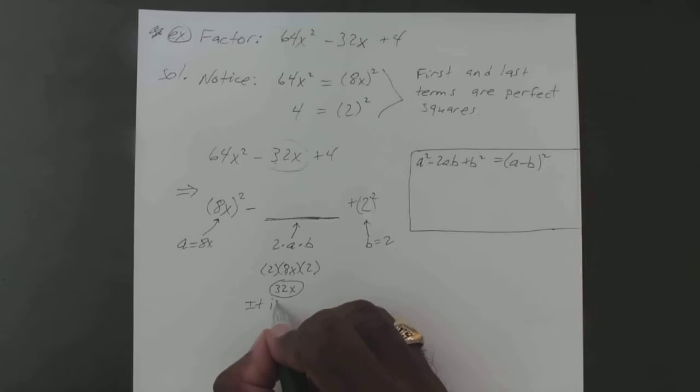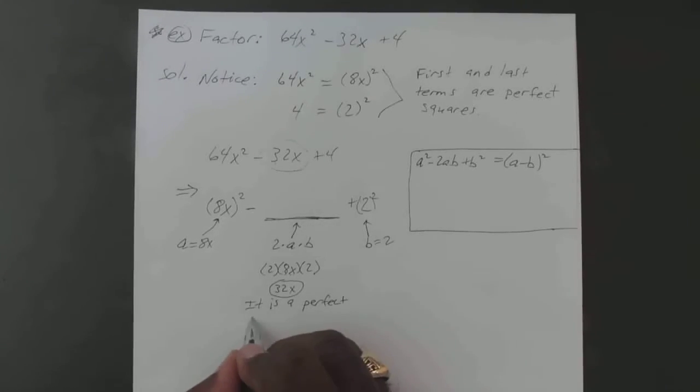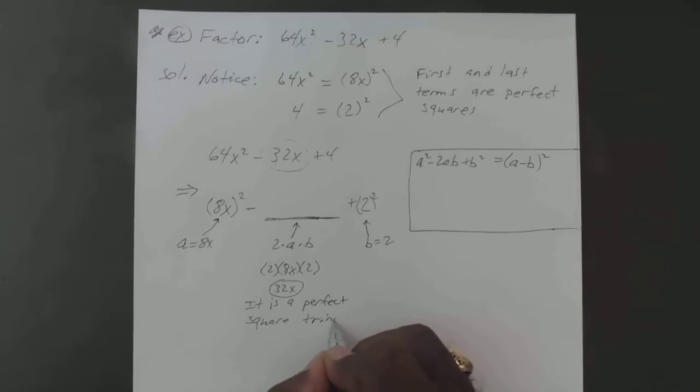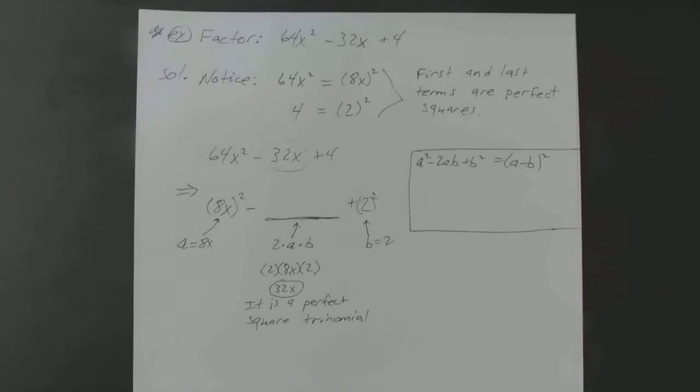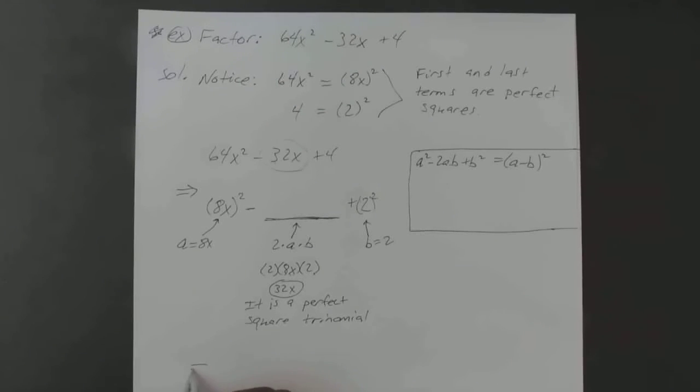That's the whole name. So it is a perfect square trinomial. So all we have to do is just plug this into that formula. Okay, so we know that a minus b squared is just 8x minus 2. And that whole thing is squared.